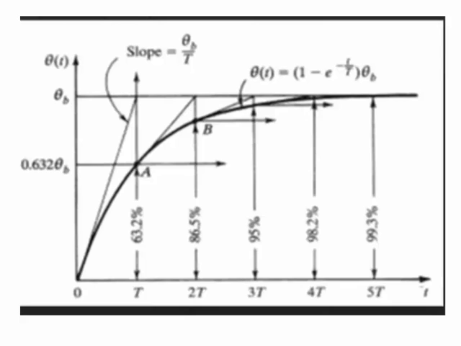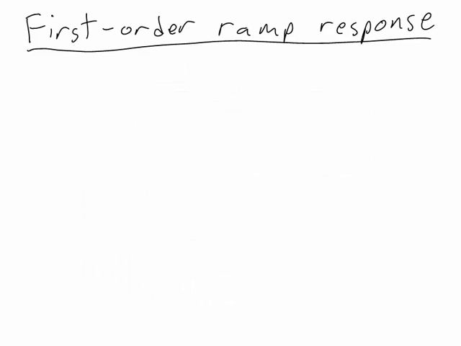Now, before we finish up with first order systems, I want to take a brief look at the first order ramp response. The first order ramp response tells us how a first order system produces an output in response to a ramp input.